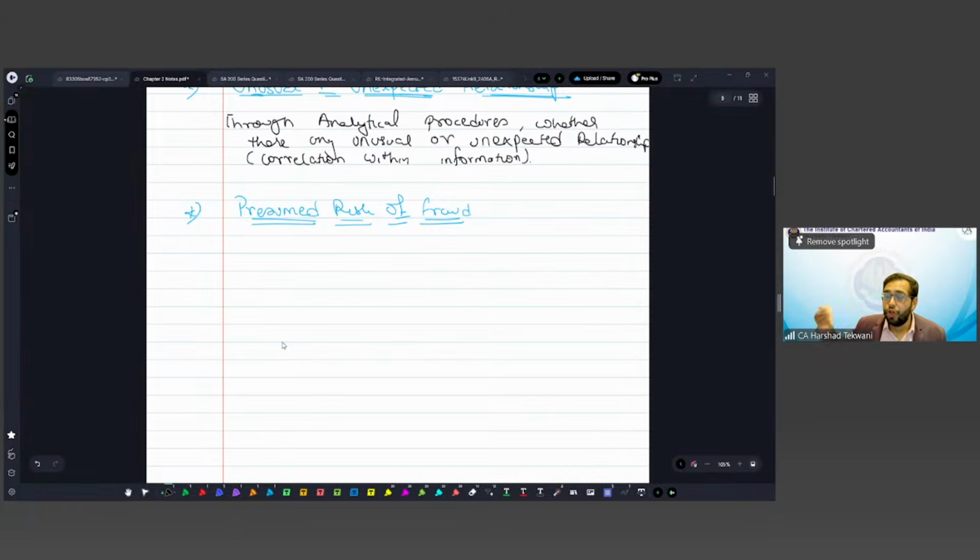Even if you don't do any procedure, you have to understand that there is a presumption that there is risk of fraud.